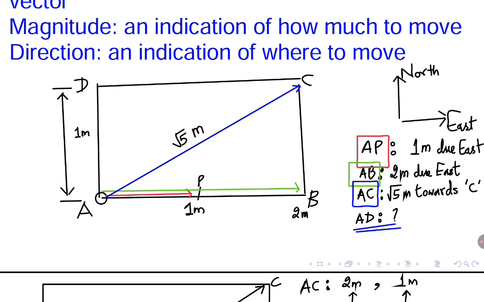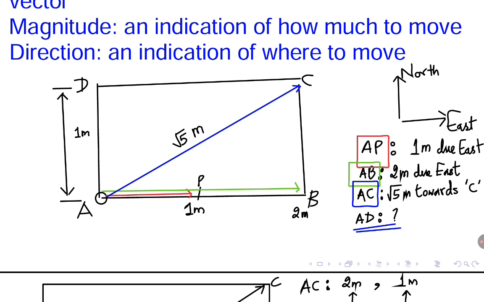Then if I tell you to walk a distance of 2 meters towards east, where will you reach? You will reach point B because B is the point which is in the east direction from point A and exactly at a distance of 2 meters. Alright, if I tell you to move from the point A to point C, you will move a distance of root 5 meters, which we get from the Pythagorean theorem, considering angle ABC is a right angle, of course, because it is a rectangle.